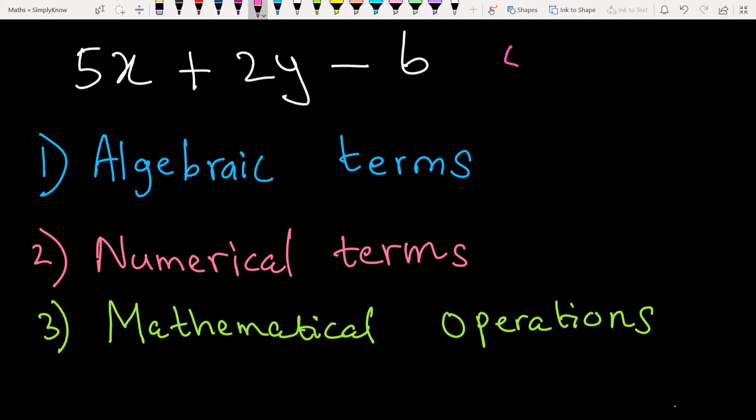Let's say 5 plus 2 minus 6. Here, all the terms are numbers. They are all known. We know the exact value. But in this algebraic expression, we don't know the value of x and y. They are unknown.